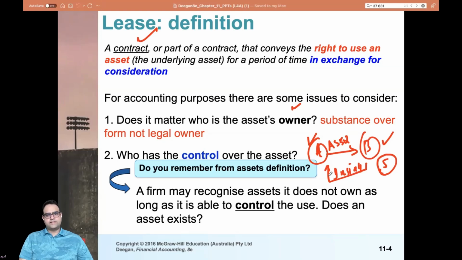Control itself is sufficient to consider it an asset in the books of account of B. So buying is not required in the contract of lease. Maybe after the 5-year lease period, the lessee, Mr. B, will have to return the asset to A. So it's not necessary that B will keep this asset forever.